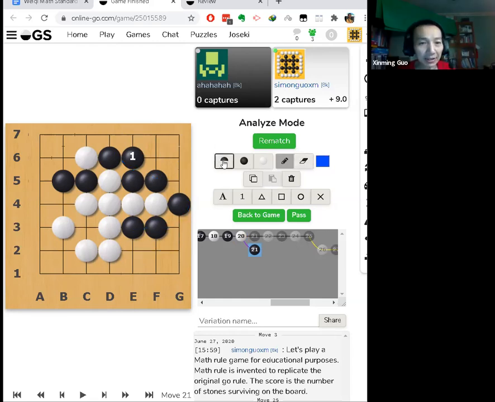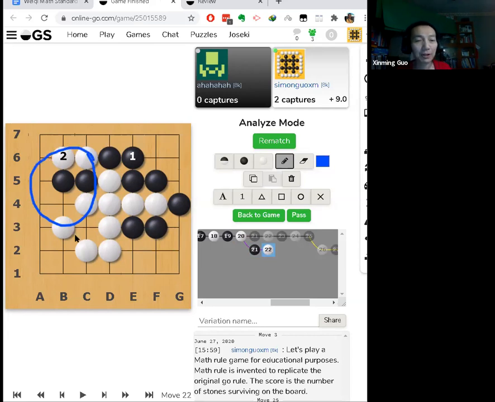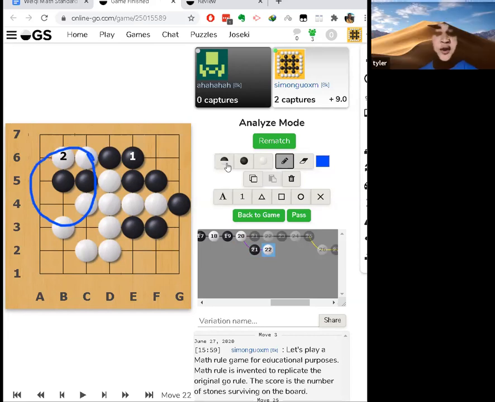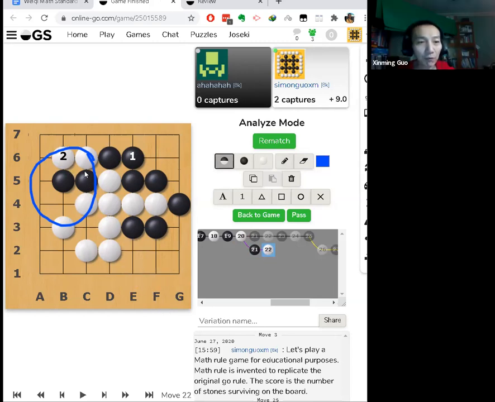And for white, probably the best move is play here to try to capture these two, get territory. Oh, and then you should sacrifice the other two. Yes. And then for the best move for black, play here.